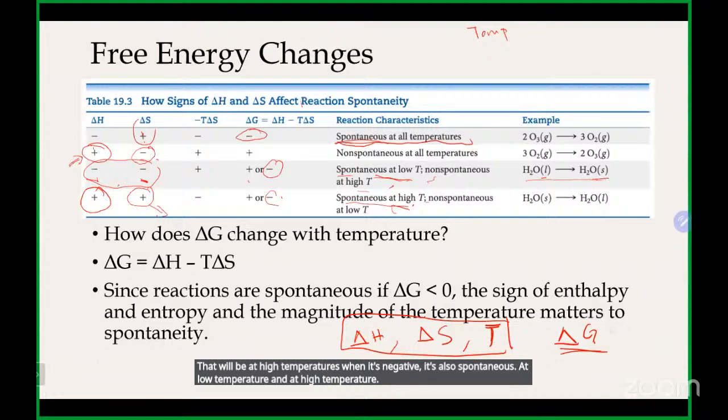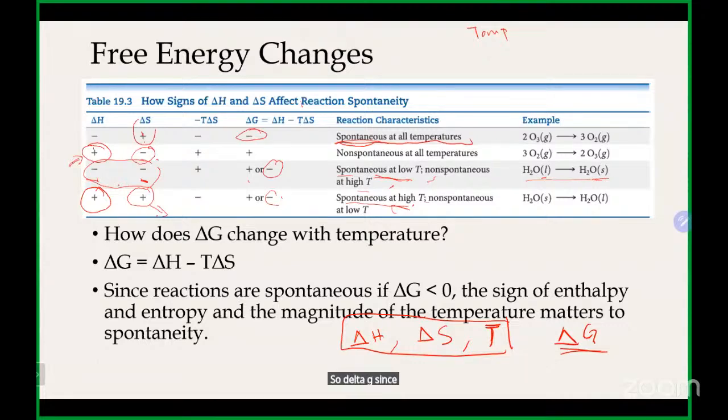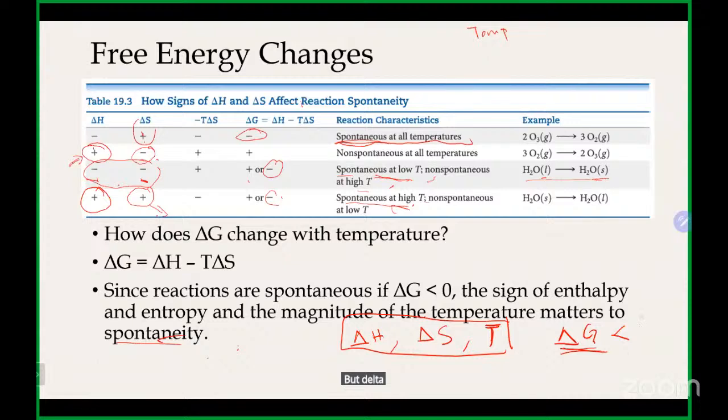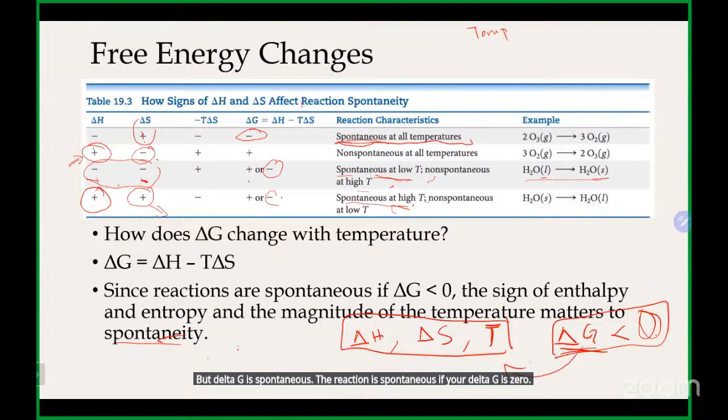So the sign of entropy and the magnitude will determine the spontaneity of the reaction. The reaction is at equilibrium if your delta G is 0. That depends on the relative magnitude and sign of delta H, delta S, and temperature.